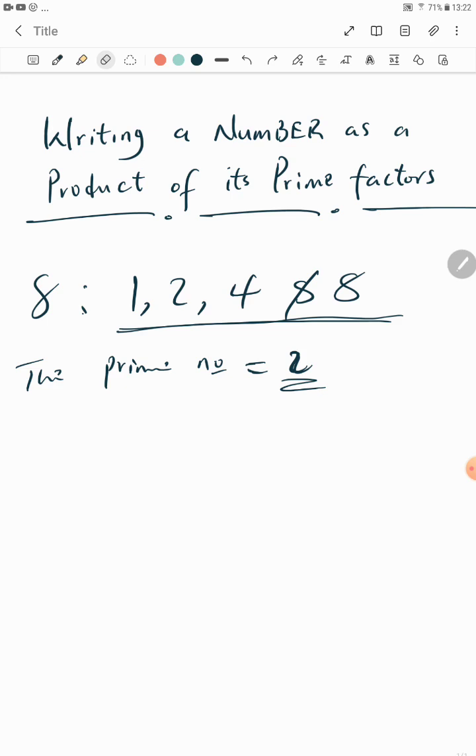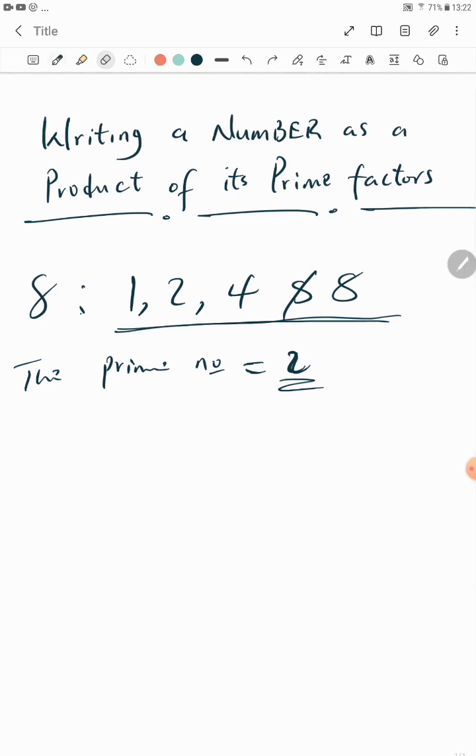So let's see how we can actually approach this. That's the analysis of what this topic is all about. So let's have 8. Now when you look at 8, because what you want to do has to do with a prime factor, which is what? Prime numbers.